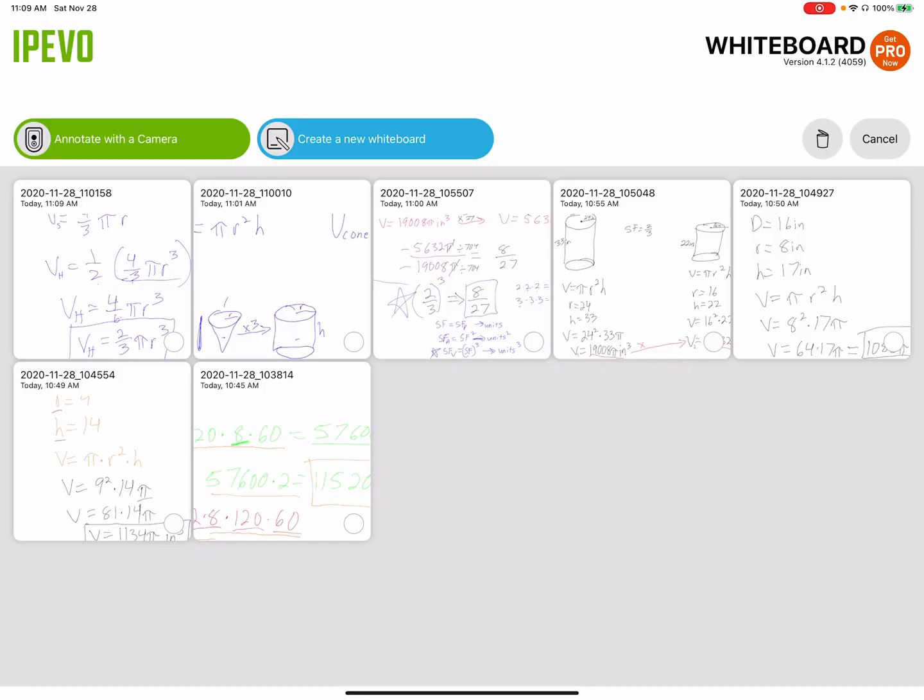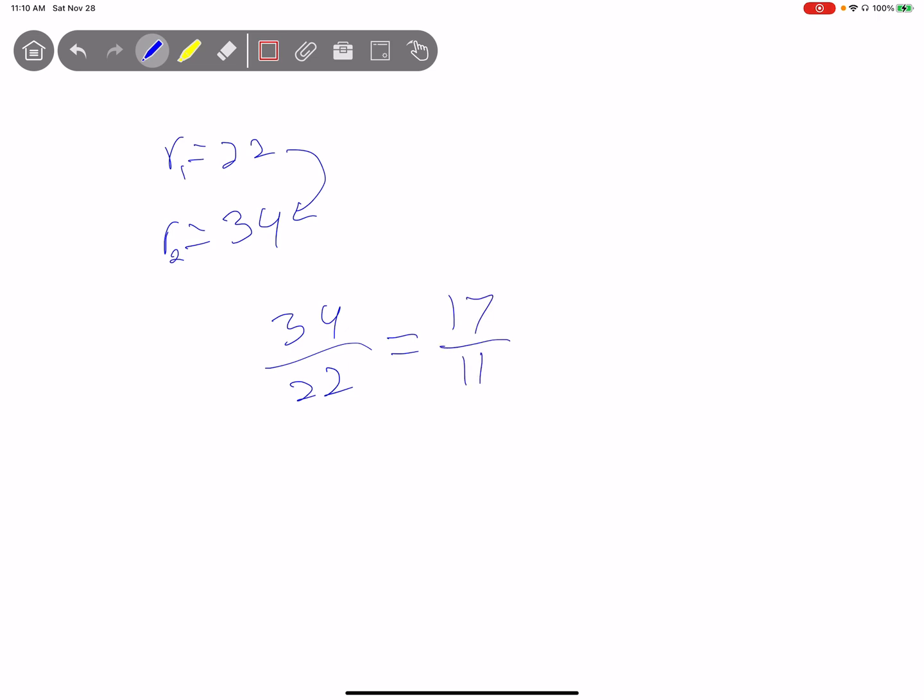So if I have a sphere that has a diameter of 22 versus one that has a diameter of 34, how do I go from one to the other? I'm just going to do 34 over 22. They're both divisible by 2. 34 divided by 2 is 17. 22 gives me 11.